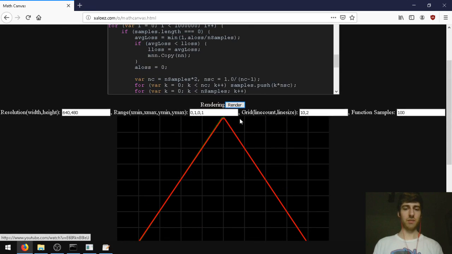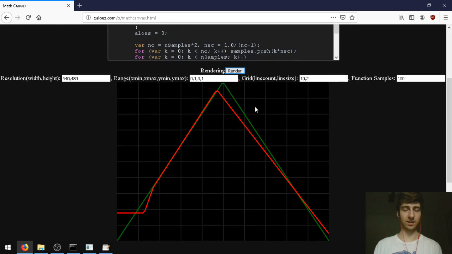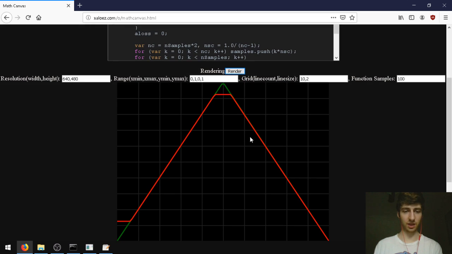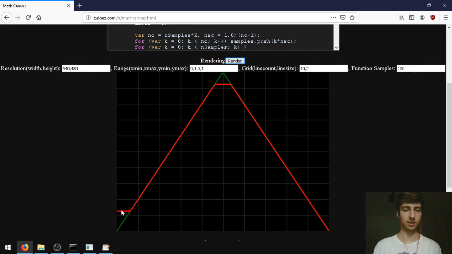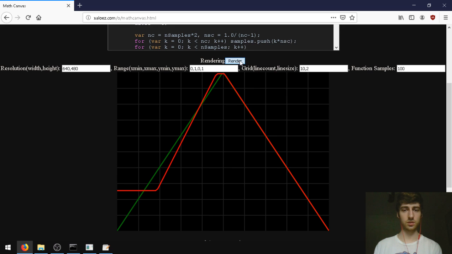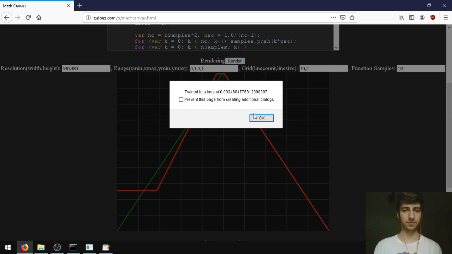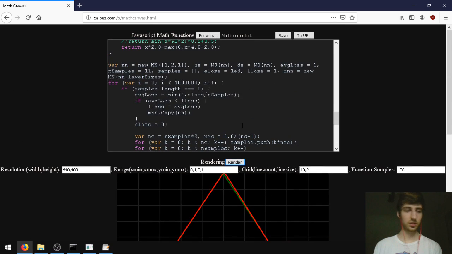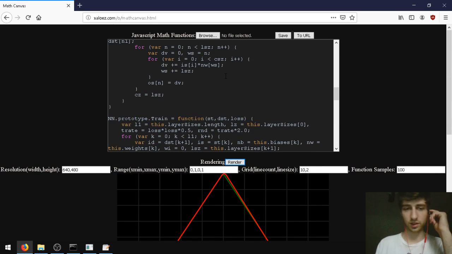If you see here, it matches up completely perfectly, but I don't like this because it's so slow. It doesn't even train perfectly at a million iterations, it still has that little bit of error. So there needs to be a better way, which is why I'm going to look into the extreme learning.